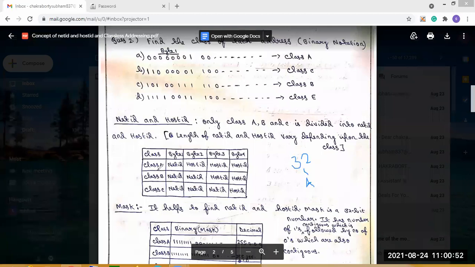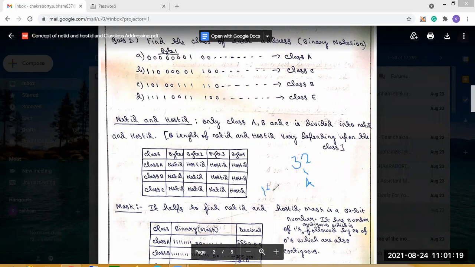So we divide these 4 bytes like this: byte 1, byte 2, byte 3, and byte 4. Now for class A, if the address is present in class A, then its first byte will be the net ID, and the remaining 3 bytes will be the host ID.